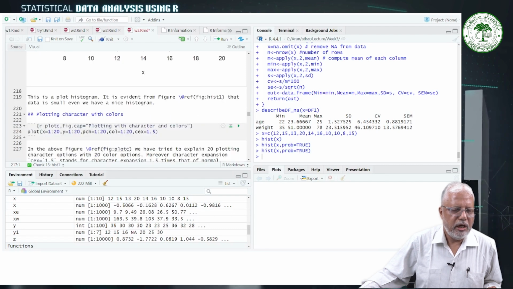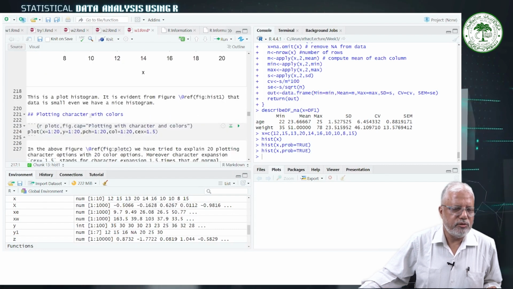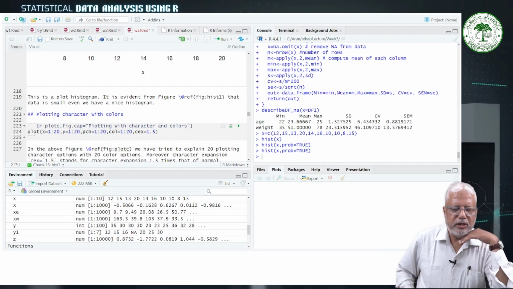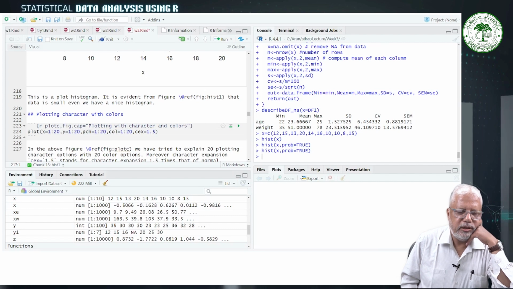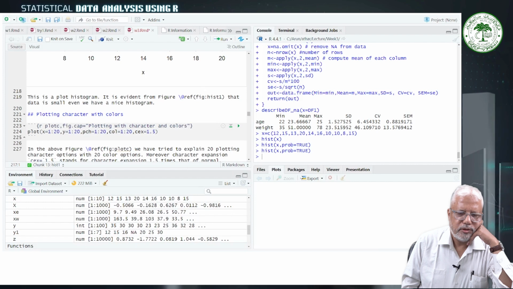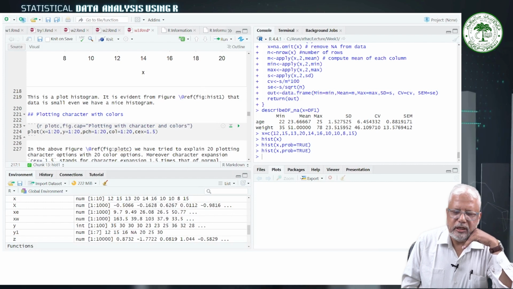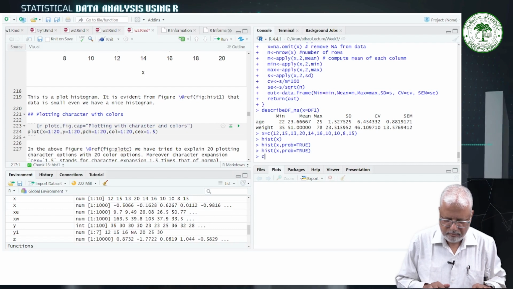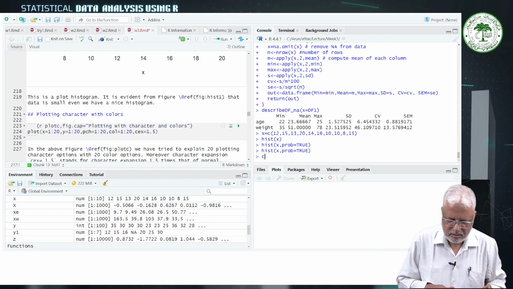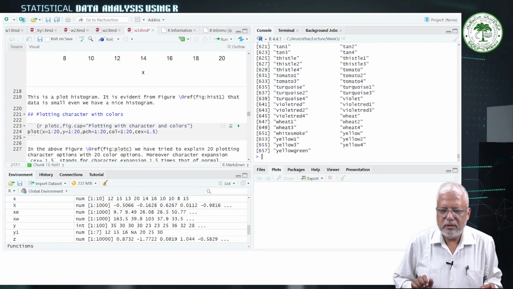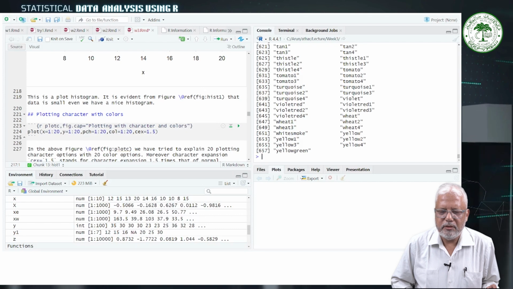Now I would like to talk about plotting characters with colors. There are many options of plotting characters, and there are many options of colors also. How many colors are there in R? We can call colors, and see, 657 color options are there.